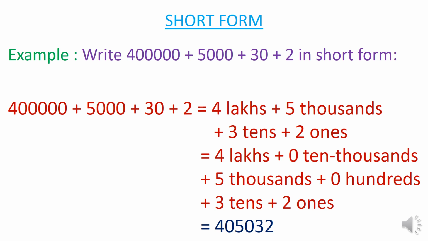And also in 100's place, no number is given. So, write there also 0. So, the short form of 4 lakh plus 5,000 plus 30 plus 2 is 4 lakh 5,032. Okay.